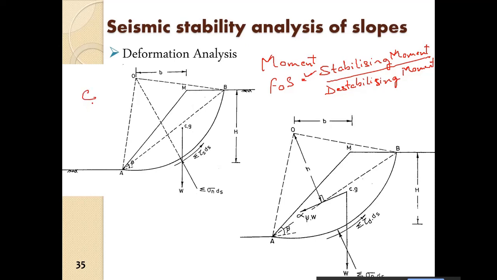So we have C and we have the unit weight. Here what is done is we divide the slope into equal numbers of sections. If this is, suppose, ds, then tau s into ds, and then we sum up. So the moment for this one will be r tau s ds.